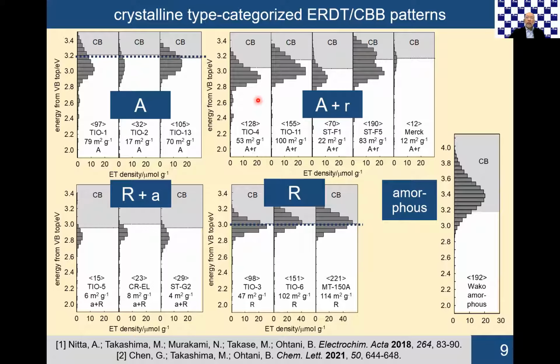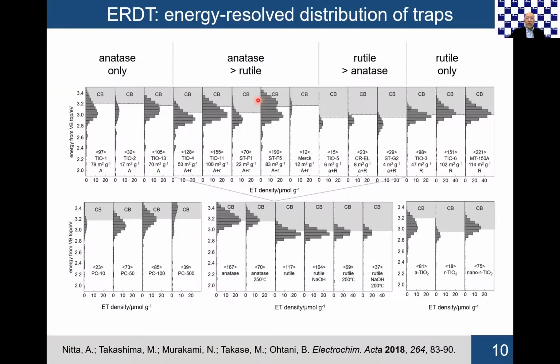So therefore, it is possible to say that specific surface area data or crystalline content data from XRD are not necessary to see the structural characteristics of those samples. And this is only part of the example of titania samples, commercial titania samples.